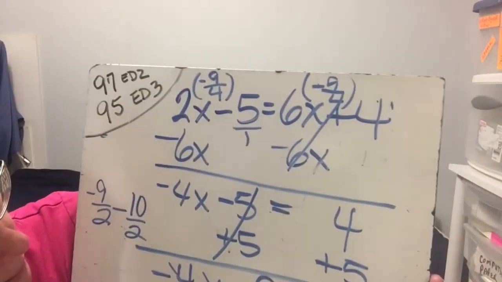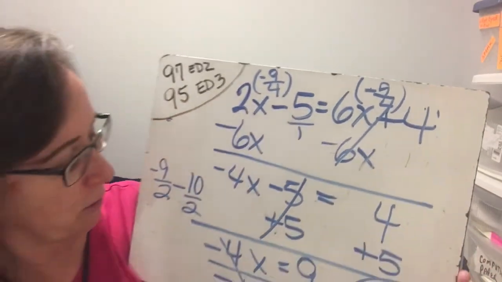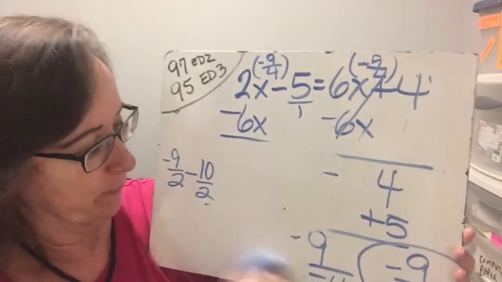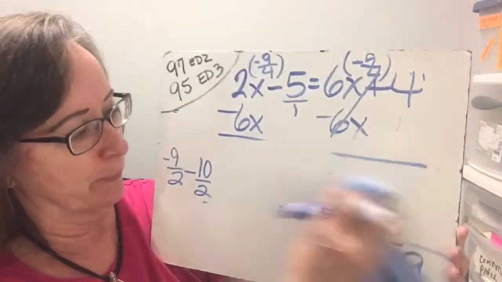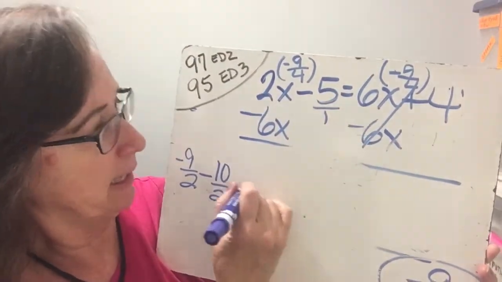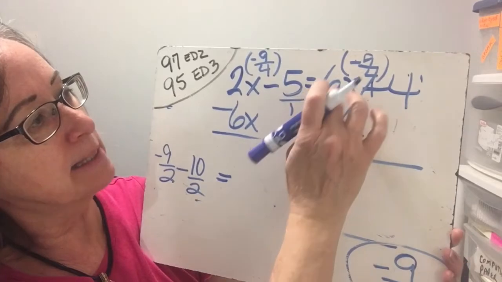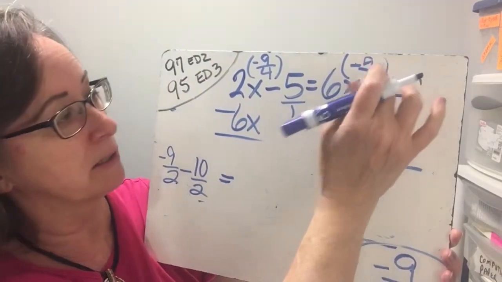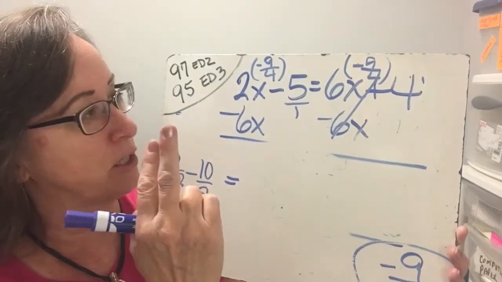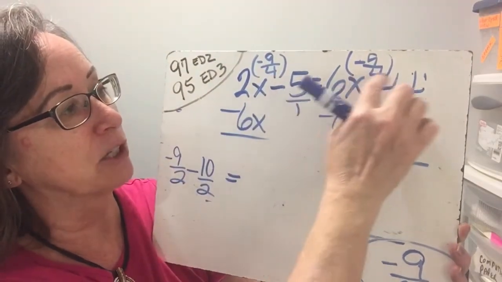I'm going to erase some of this here so that we have room for our check. Oops, almost erased my answer. And then equals 6 times negative 9/4. Now the 6 on the top and the 4 on the bottom will cancel with a 2, cancel a 2 out of each.